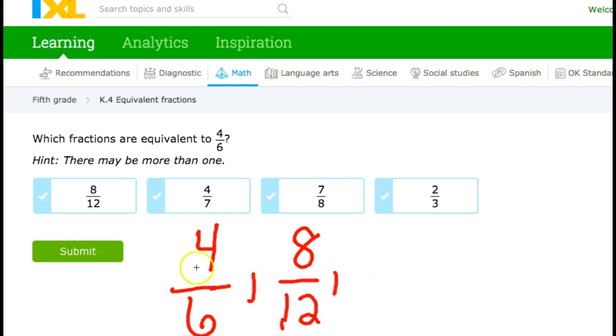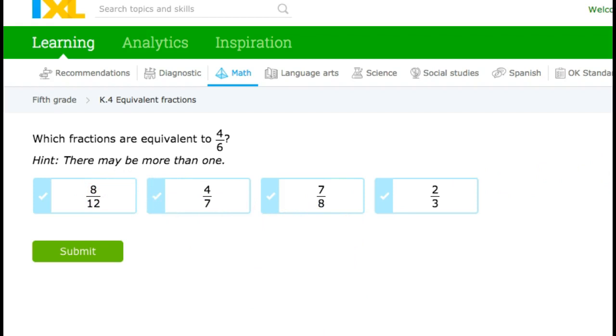Let's take it another step. 4 times 3 is 12. 6 times 3 is 18. Now look here, these numbers are getting bigger and those numbers are a whole lot smaller, so I really don't need to go any further to the left or to the right. I already see my 8/12 is there.